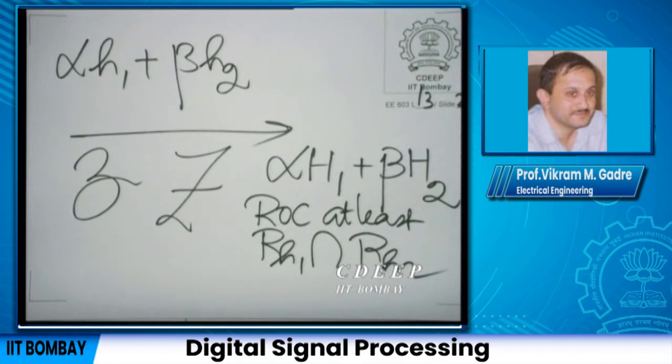This is often the case with the regions of convergence. The region of convergence is of course at least the intersection, but it could expand beyond the intersection, and the expansion takes place because the trouble created by one sequence can be outdone by the other.